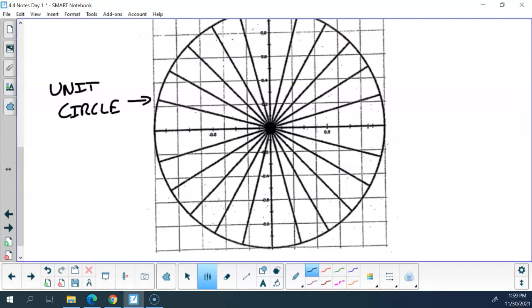So now, for 150 degrees, you have to measure that distance.